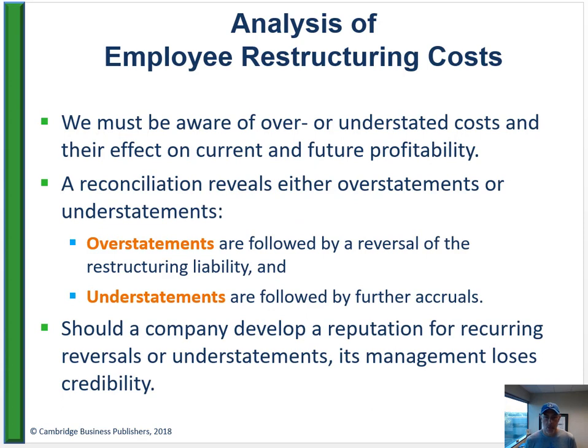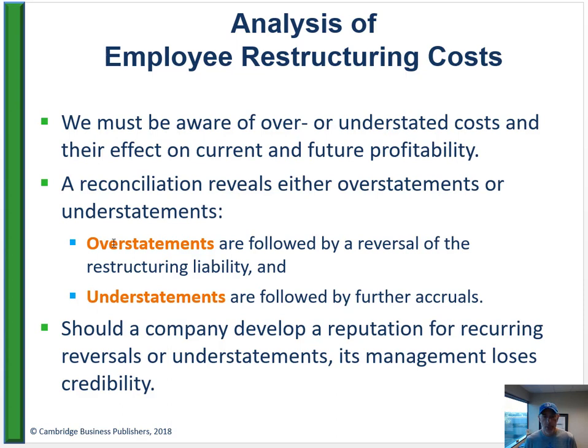Now, as we analyze this, I want you to be mindful that that original estimate that we made is not going to be accurate. Estimates never are perfectly accurate. We hope to get them as close as possible, but there will be either an overstatement or an understatement, and it could be significant.